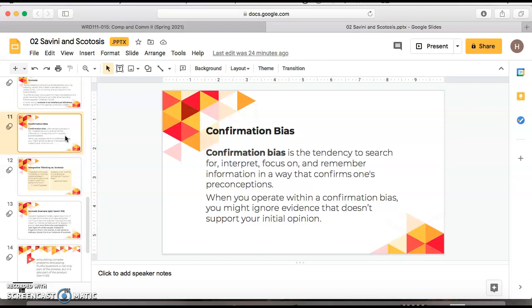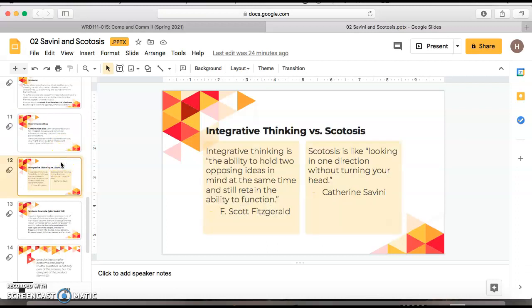But it's important to recognize any confirmation bias that you might have, particularly with your topic. You never want to ignore evidence just because it doesn't support your initial opinion. You should always be open to changing your mind about something, to sitting with complexity.